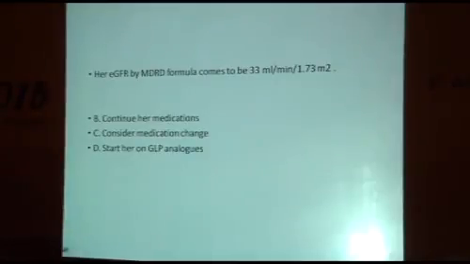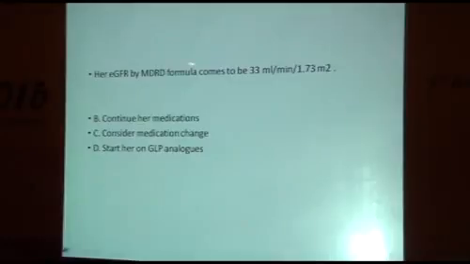This is one classic example where just going by creatinine, you will miss the nephropathy in this patient. A creatinine of 1.3 would be taken as normal, but she comes in stage 3 CKD. Her eGFR by the MDRD formula comes to 33 ml per minute per meter square.